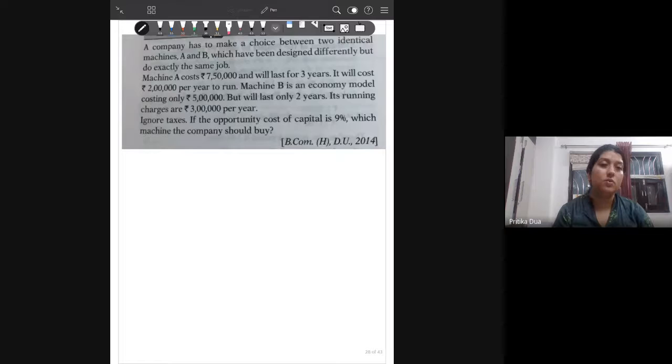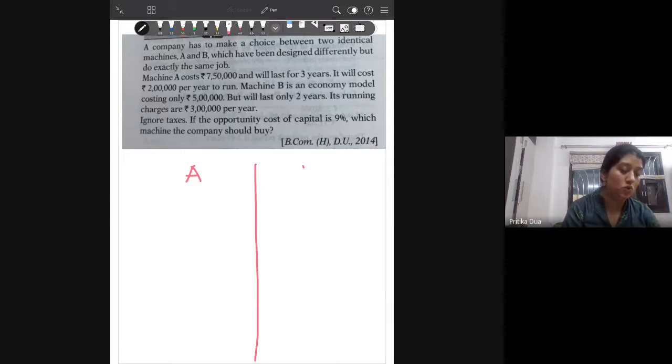So here there's a question on your screens. A company has to make a choice between two identical machines, A and B, which have been designed differently but do exactly the same job. Machine A costs 7 lakh 50,000.